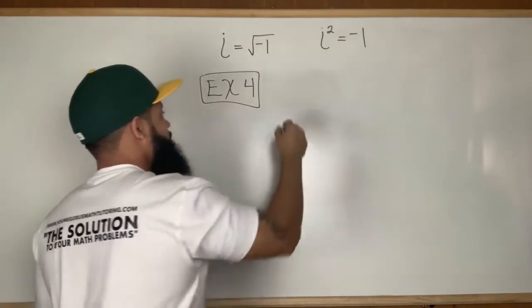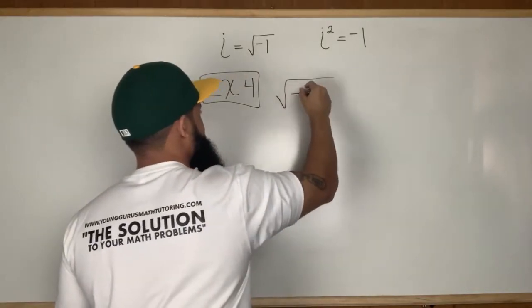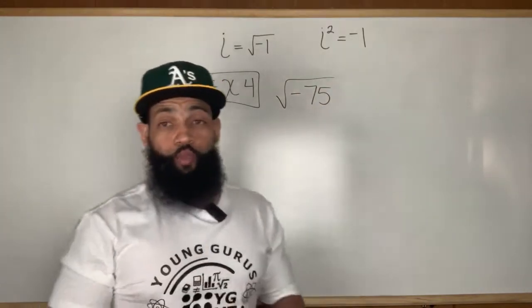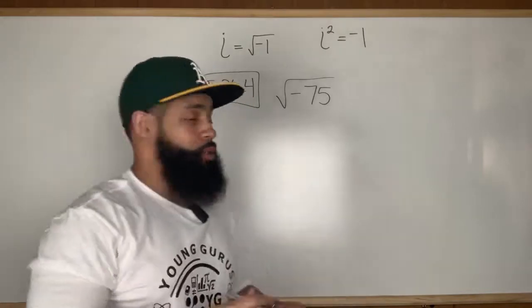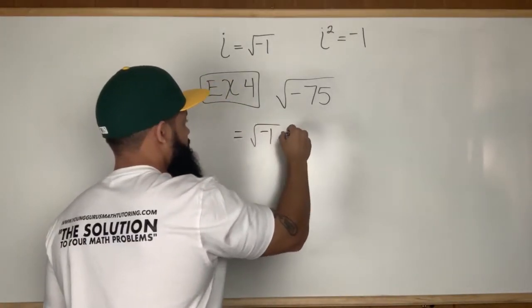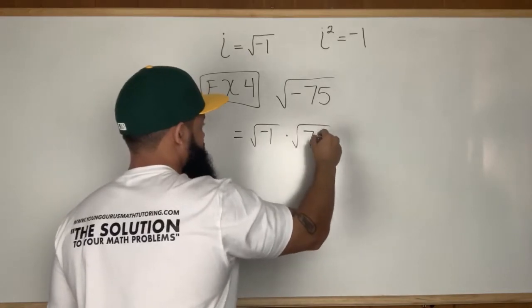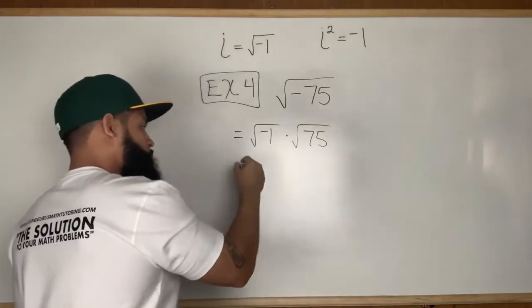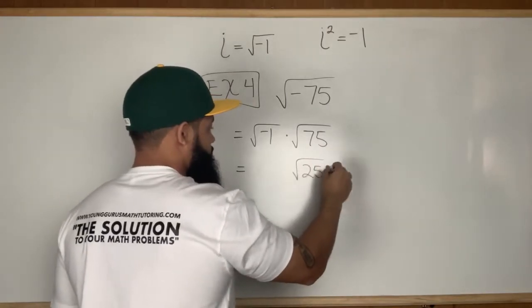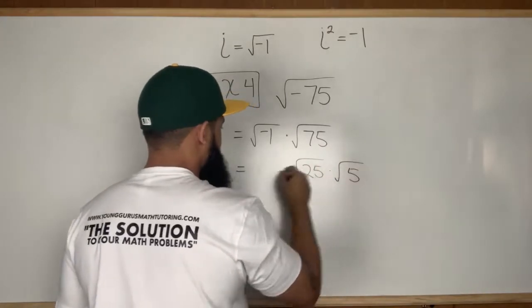Example 4, let's say if I have the square root of -75. I want to use that same rule. I want to break it down to the square root of -1 times the square root of 75. Well, square root of 75 can be broken down to the square root of 25 times the square root of 5.